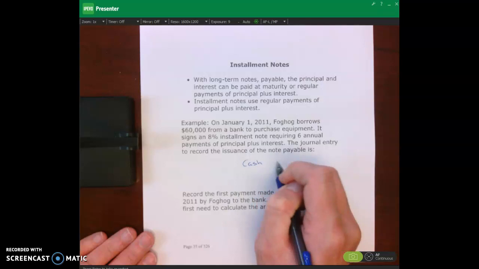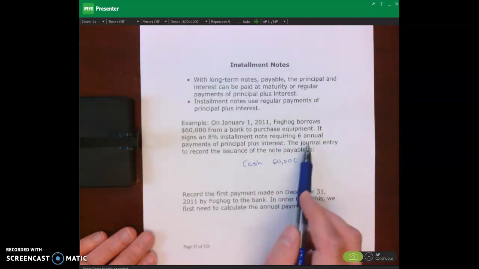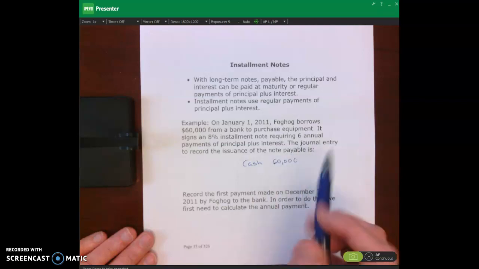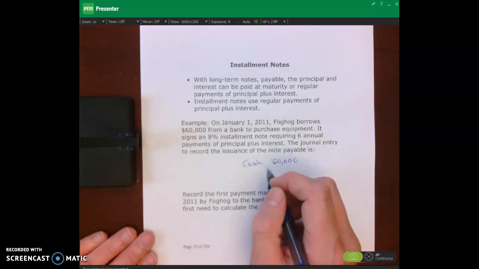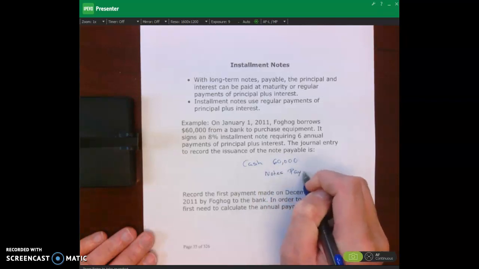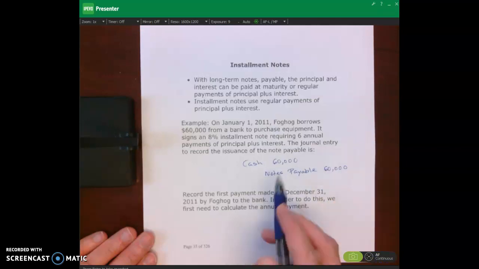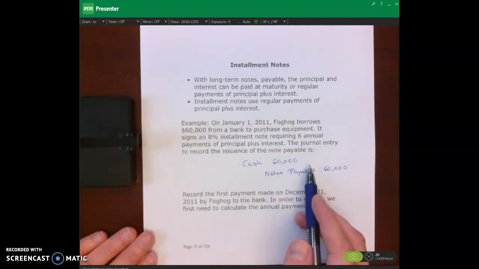So we're going to debit cash of $60,000. And then this is a note payable, which is a liability. Notes payable of $60,000. So our journal entry, debit cash, credit notes payable.